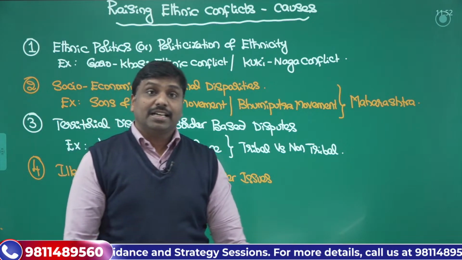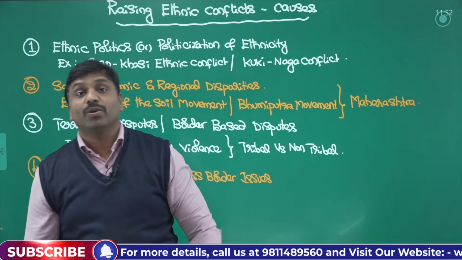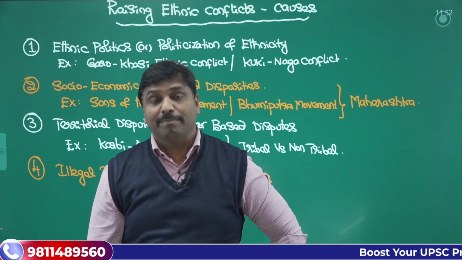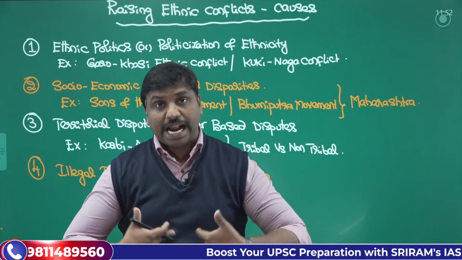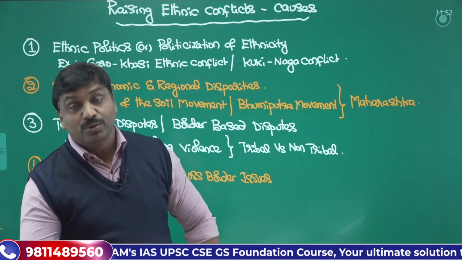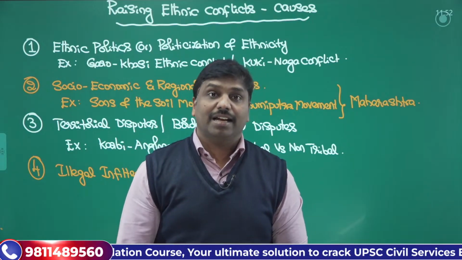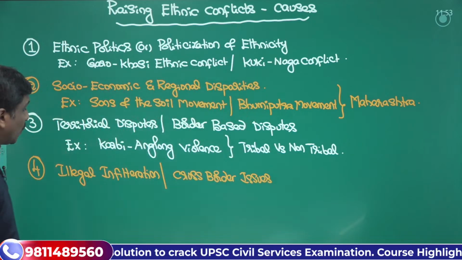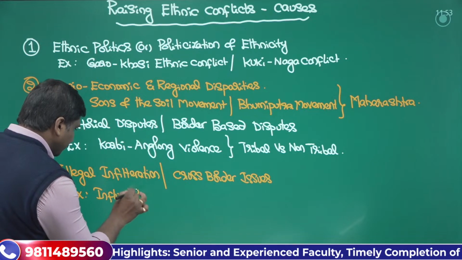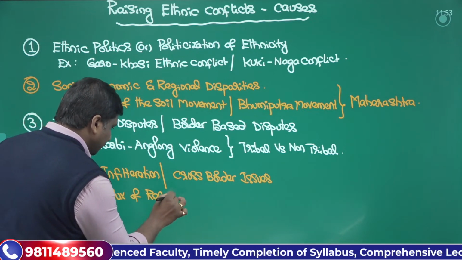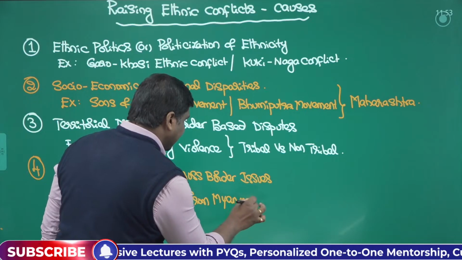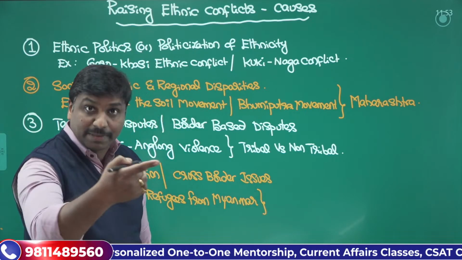Very recently, look at what happened in the Manipur violence, the conflict between Kukis and Meiteis. This violence was aggravated by further important causes like the illegal infiltration of refugees from Myanmar. So that was another important cause we can mention: the influx of refugees from Myanmar escalated or aggravated the Manipur violence.